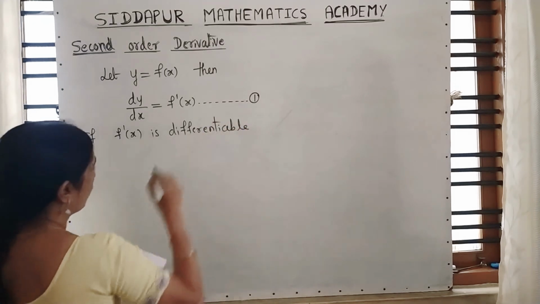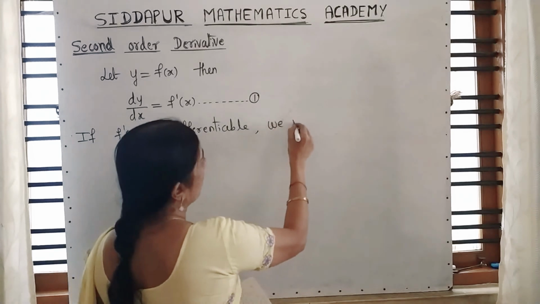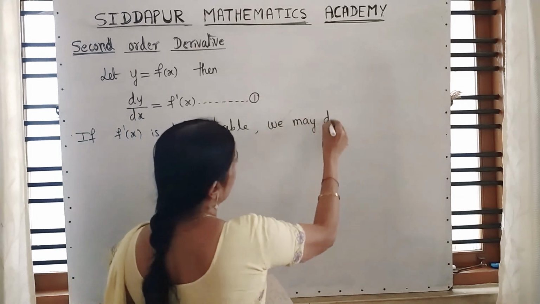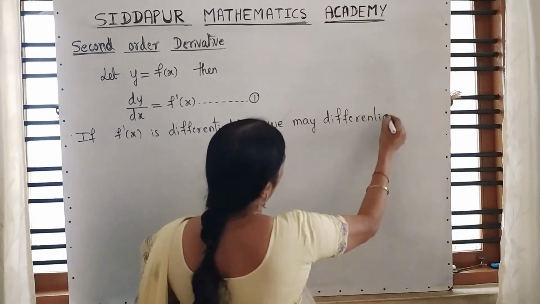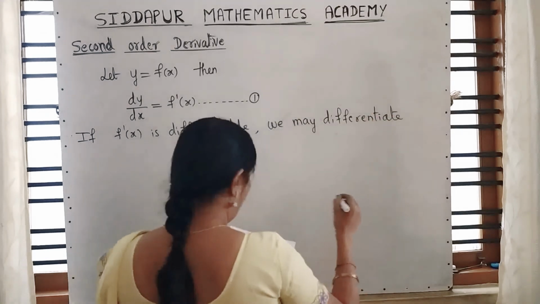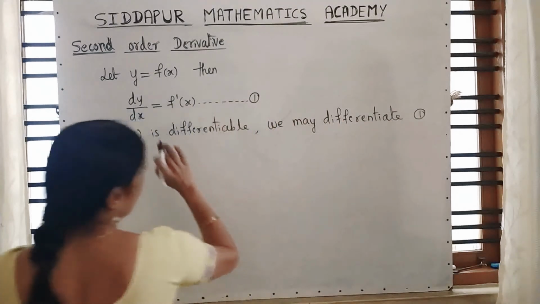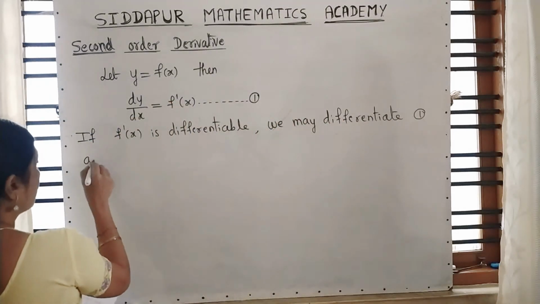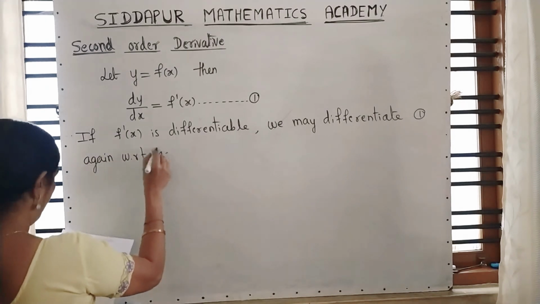If f dash of x is differentiable, then only differentiate again. If the answer exists, then only differentiate again with respect to x.